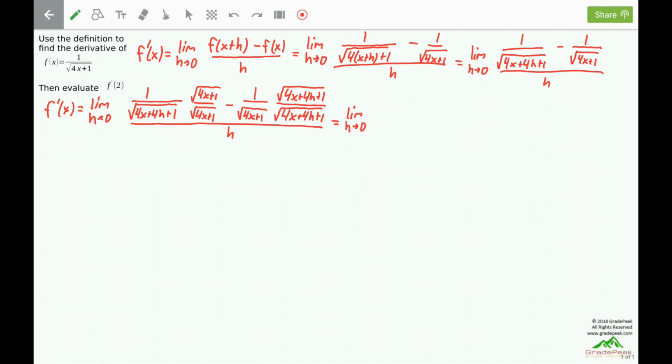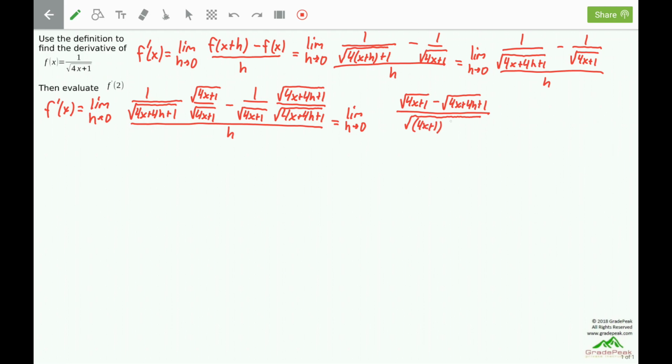Now the first fraction, 1 times the square root of 4x plus 1, will be the square root of 4x plus 1, minus the second fraction, which is 1 times the square root of 4x plus 4h plus 1, all over that common denominator of the two, which is the multiplication of two roots, therefore it can be written under the same root.